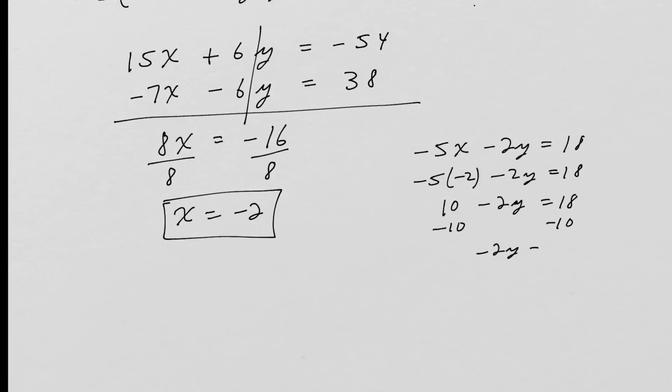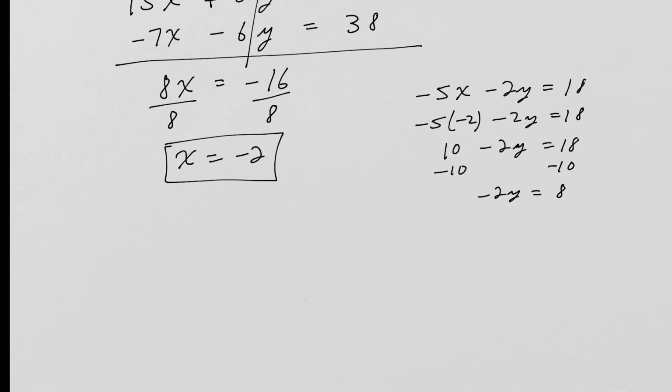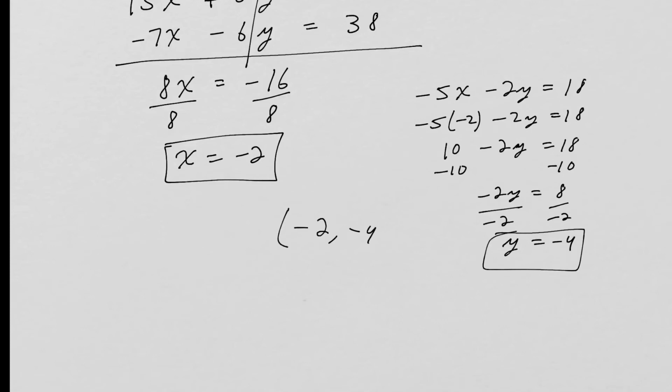So negative 2y is equal to, it's going to be 8. And then finally divide by negative 2. So y is equal to negative 4. So my solution as an ordered pair would be negative 2, that's my x, and then negative 4 is my y. So that would be the answer. It looks like it's D in this case.